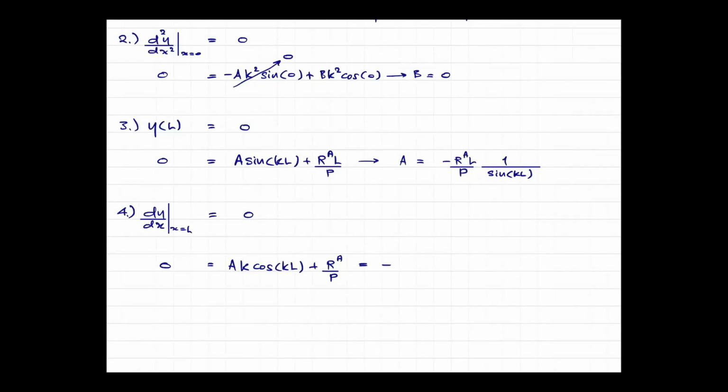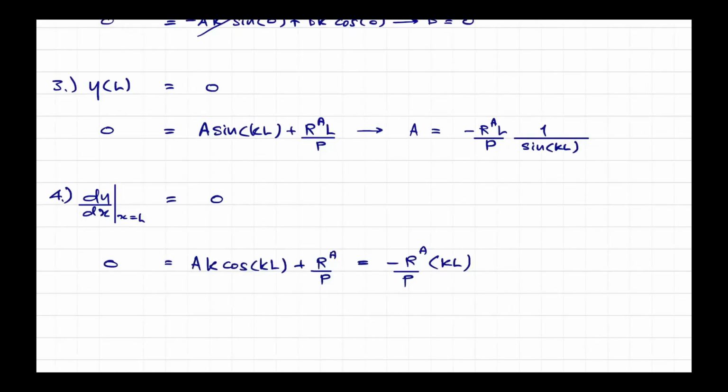So I have minus RA L over P times k cosine kL divided by sine kL, and then plus RA over P. Take RA over P outside.